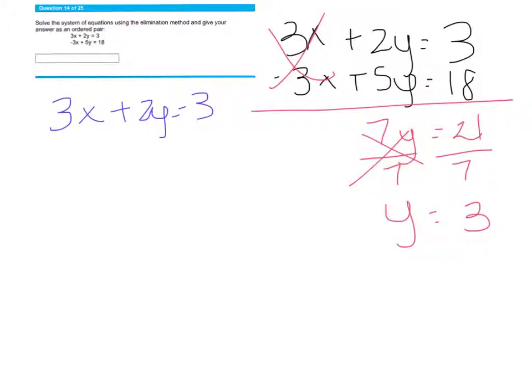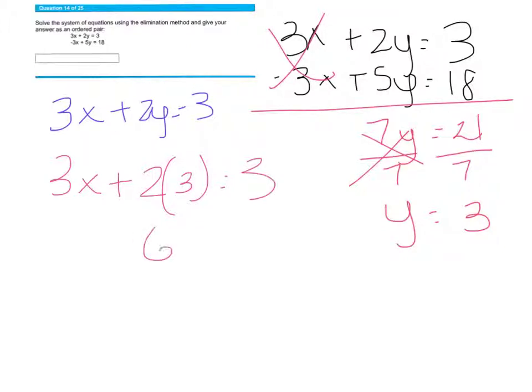So I'm just going to plug in 3 for y. It's now going to be 3x plus 2 times 3 equals 3. If my pen wants to write. Yes, it does.